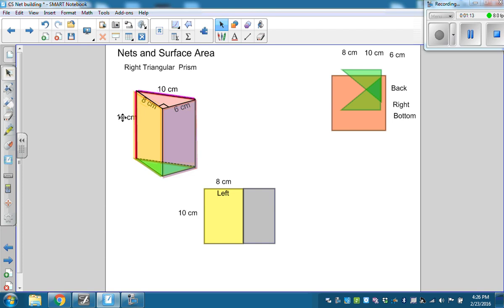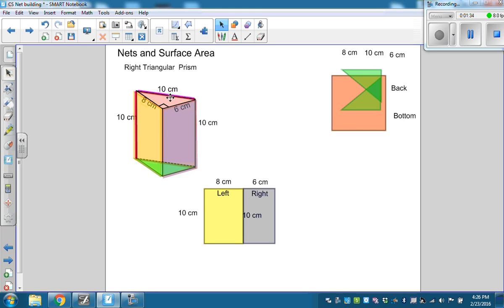And you see this is 10, so that means this is also 10, which means that this is 10 right there, and the top is 6. So that's the right side.